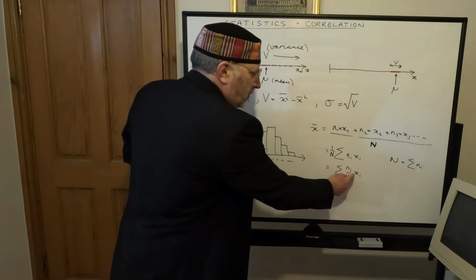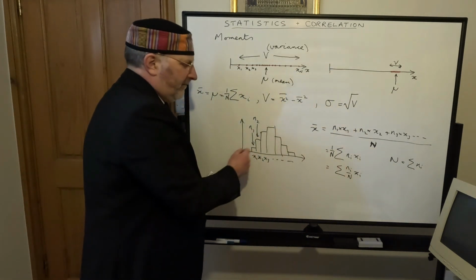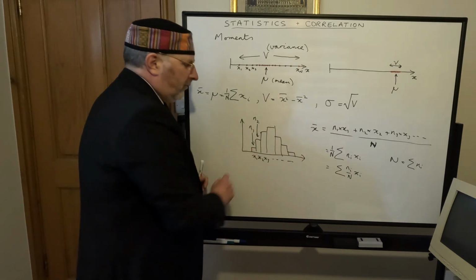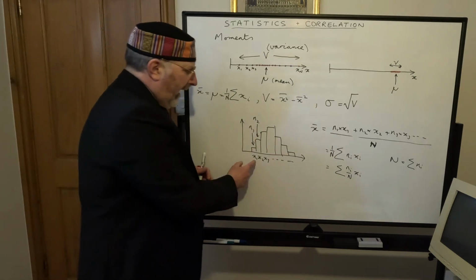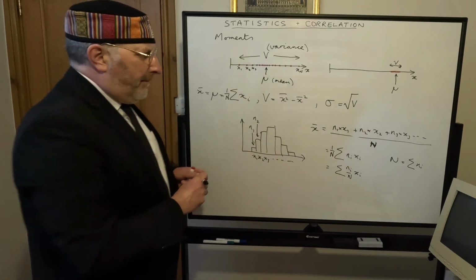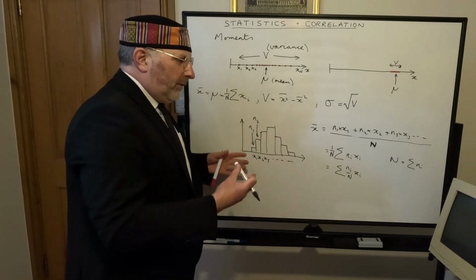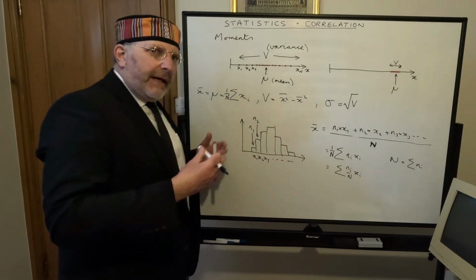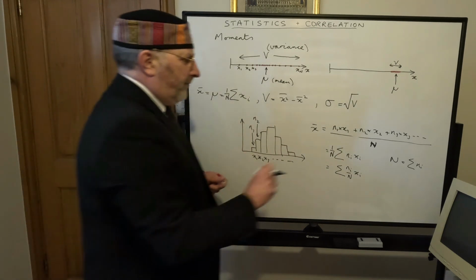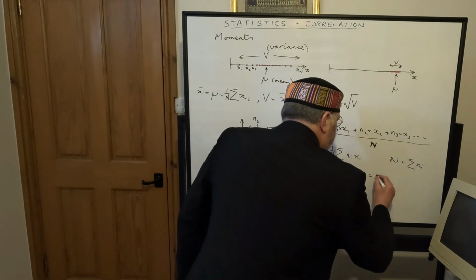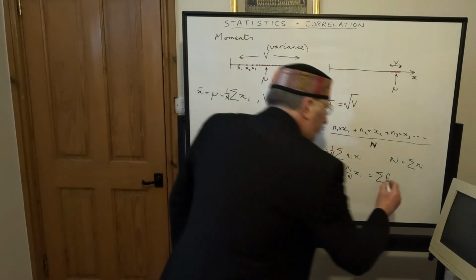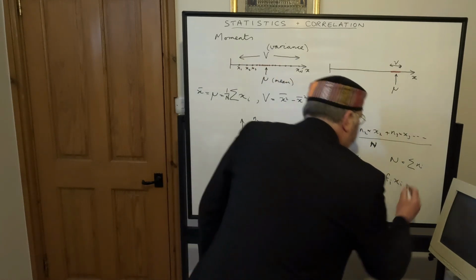So this is the fraction of the data that has the value x1. If you've got 100 data points and n1 is 3, that means 3 out of 100 had the value x1, and we can call that the frequency of the value x1 in the data. It occurred 3 times out of 100. That's how frequent it is. So we can write that as the sum of fi, f for frequency, times xi.